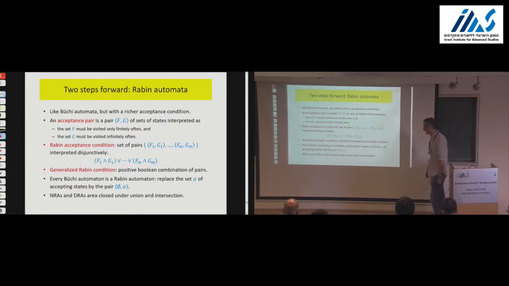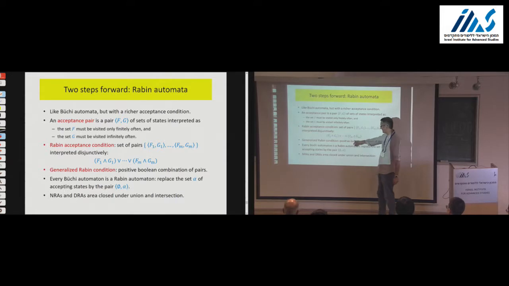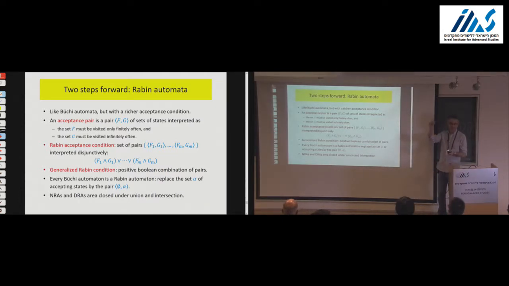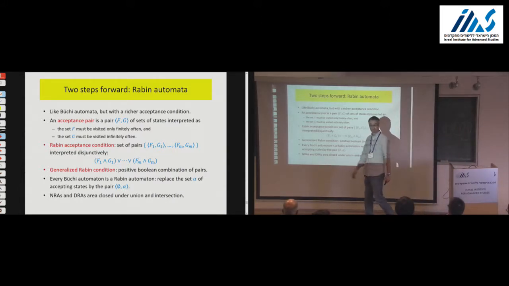An important thing for us is that both non-deterministic Rabin automata and deterministic Rabin automata are closed under union and intersection. For that, you just have to play a little bit with the acceptance condition. It is a little exercise, a bit more complicated than for finite automata, but essentially the same construction.